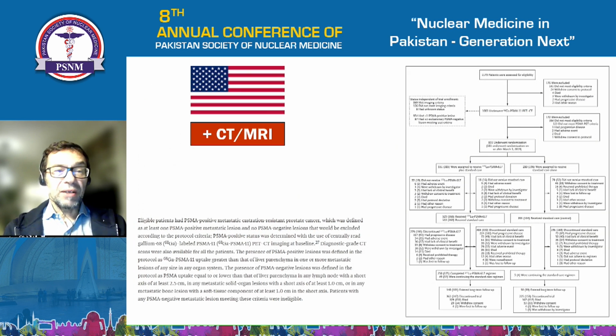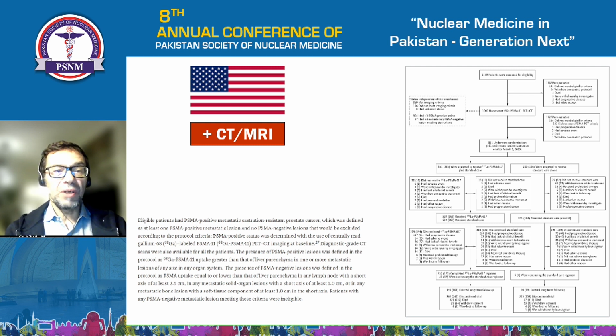The Americans, I mean North Americans, did it differently. They also used a scan, but it was a conventional CT or MRI. That's to say, they got the information from the CT part, and in case they see a lesion at CT which is cold, so not avid for PSMA, they decide not to treat.